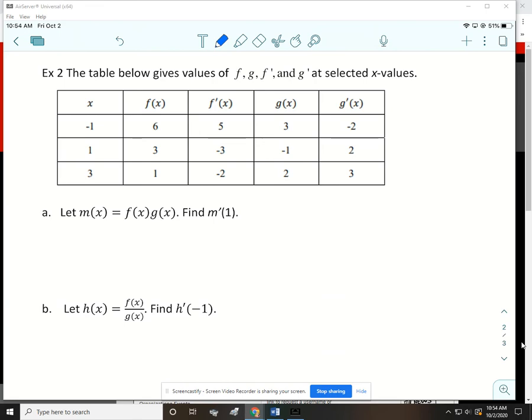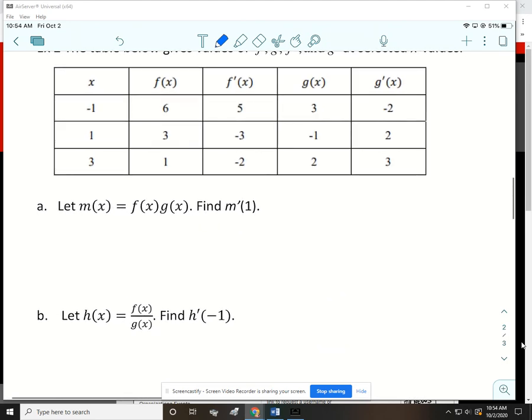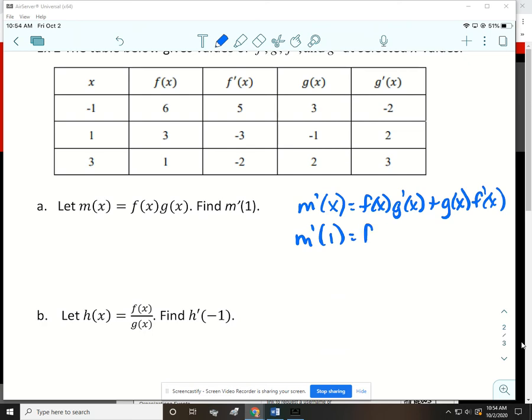So what I'm going to do first is write what m prime of x is. So m prime of x is basically the product rule. So f of x times g prime of x plus g of x times f prime of x. All right, and then, so a lot of times on the free response, you will get a point just for writing that. And then your next point will come from plugging in the 1 for x.